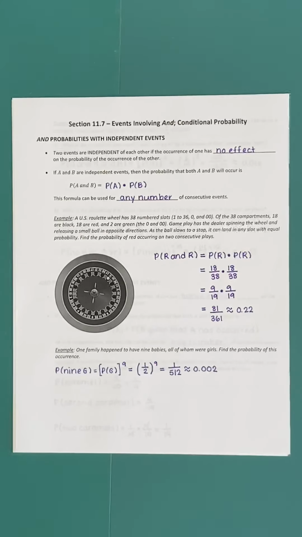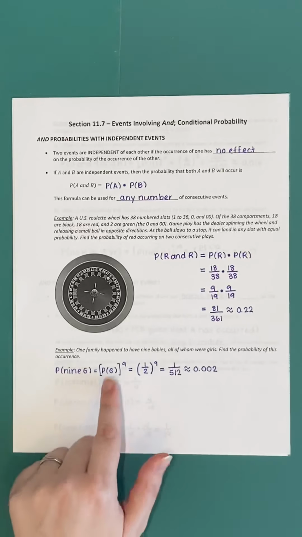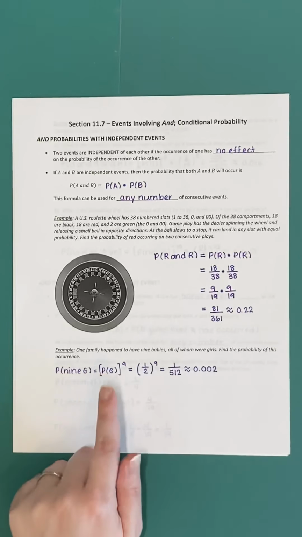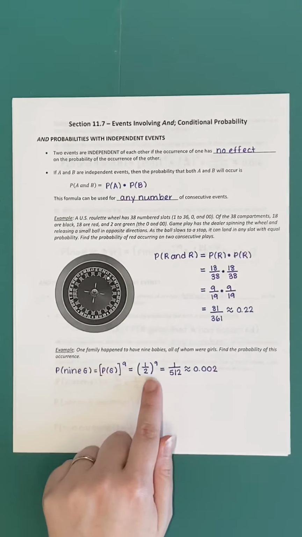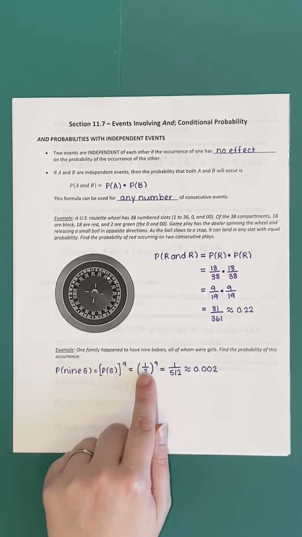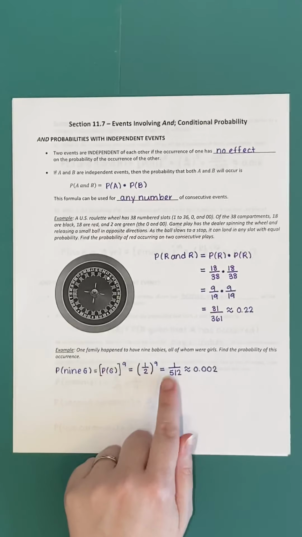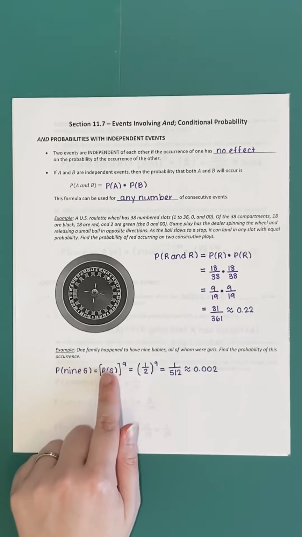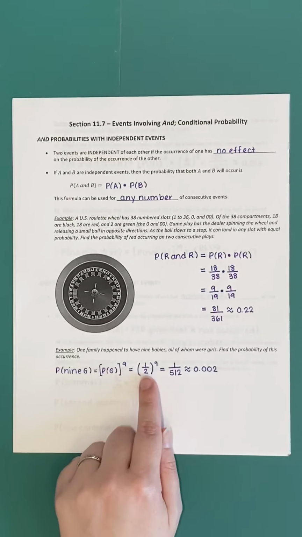So the probability of each individual occurrence of that event is going to be the same as any other occurrence. So what is the probability that we get a girl? Well, all other things aside, you have a 50-50 chance of getting a boy or a girl. So there's one way to get a girl per birth out of the 2 possibilities, getting a boy, getting a girl. So the probability of each girl is going to be 1/2.